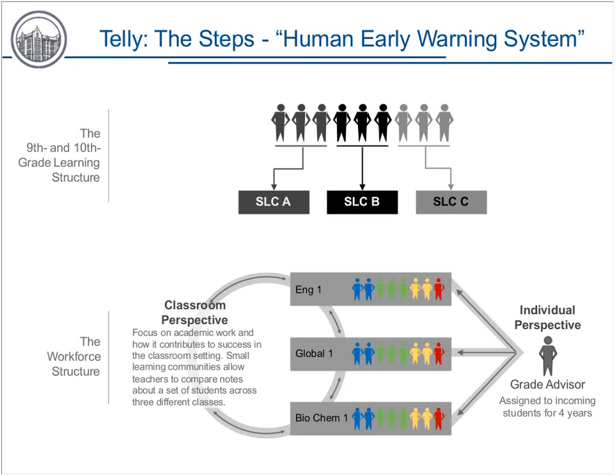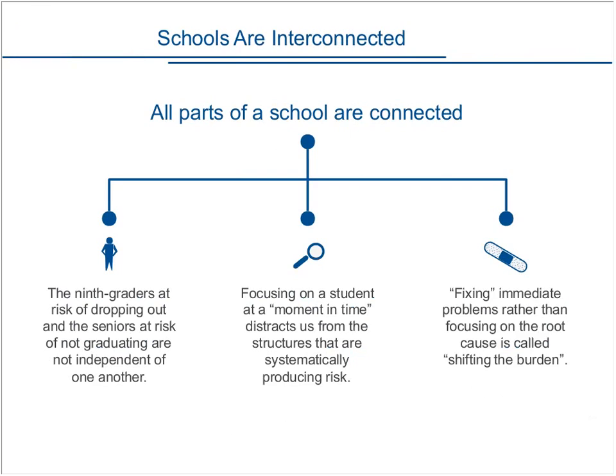The faster these teachers have information and the more complete that information, the faster they can intervene. This idea of interlocking inquiry in part distinguishes some early and traditional forms of early warning work from this interlocking, collectively aware form of early warning, which is what Tele has in place.